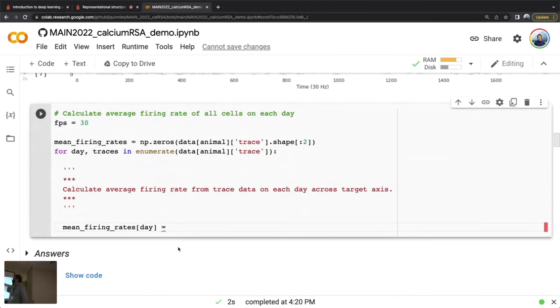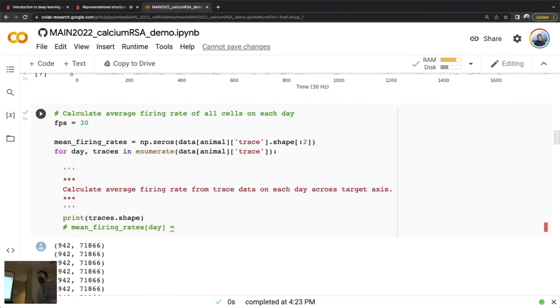I just initialized the mean firing rates in this zeros matrix, and what we're going to do is average across time. So if you want to print real quick, traces. Which axis do you want to average across if you want to get the mean firing rate of all your neurons?